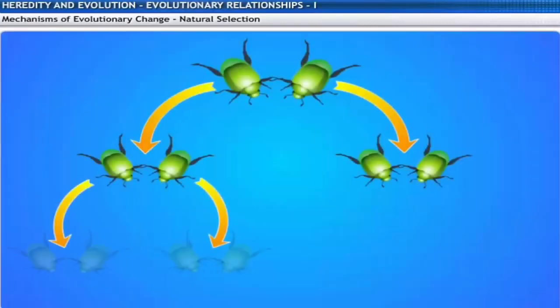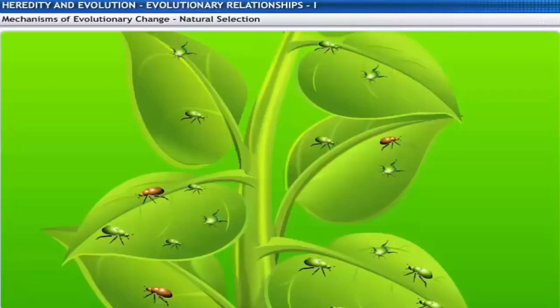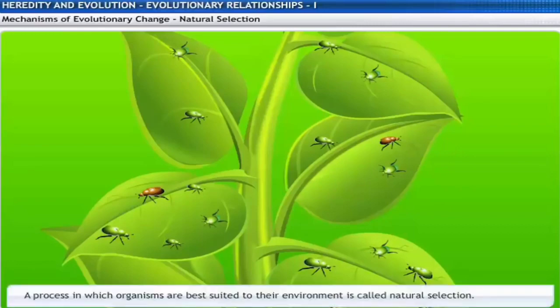They will pass their genes for green coloration onto their offspring. Therefore, the green beetle is better adapted to the environment than the brown beetle. This process, in which organisms best suited to their environment survive, is called natural selection.